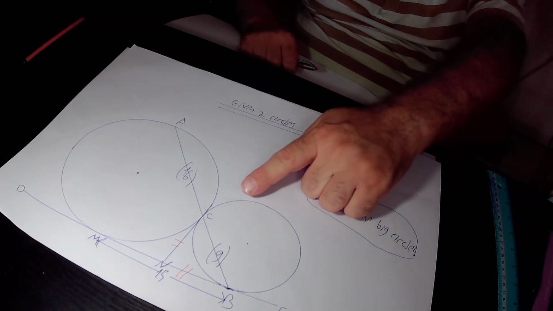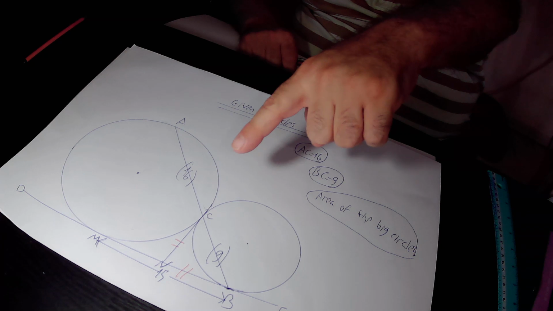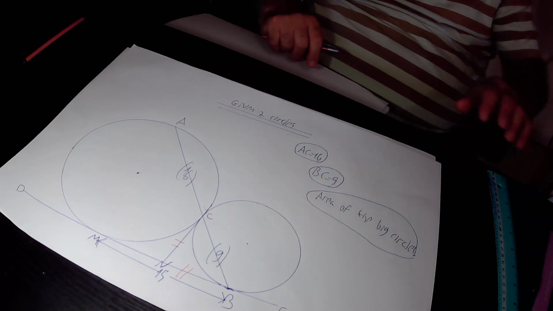In the next step, I'll copy triangle CNB onto a new page, and we will analyze this triangle CNB.